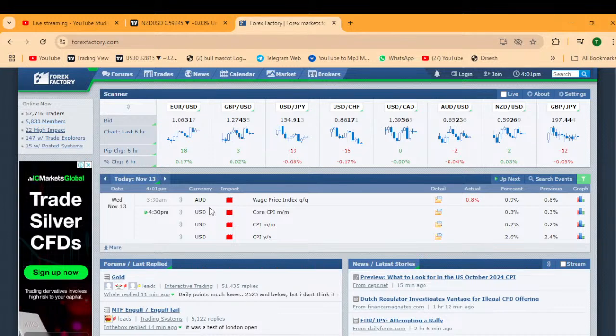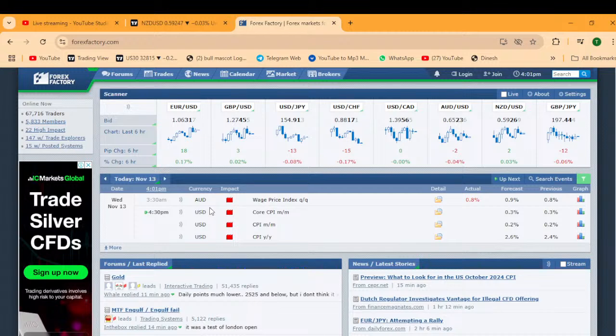Part 2, let's talk about how the economy of the US dollar is doing. Remember, this is the CPI which has come exactly after the US elections. During the US elections, whenever they announced that maybe Trump has won a certain state, we used to see a strong dollar.